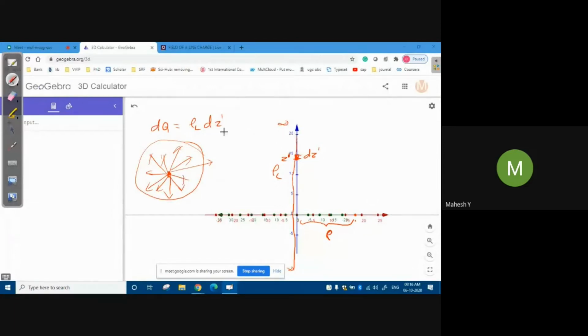If I am considering a line and I am measuring equidistant locations from that line, what does it create? In all directions, it creates a cylinder, right? So it will be like a cylinder like this. So here we are considering a line of charge. So which coordinate system now will make it easy to calculate? Which one?